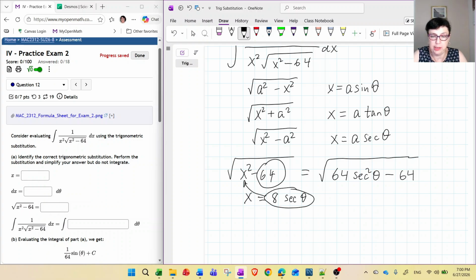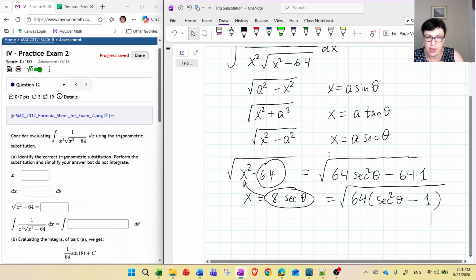Then you immediately see, oh, I see there is a 64 and a 64. Why don't I pull it out? And you can, so you factor it out. From the first term, you took out 64, so secant squared is left. And then minus, well, I took out 64, so what's left? Well, this is like times 1, so think of it as times 1.